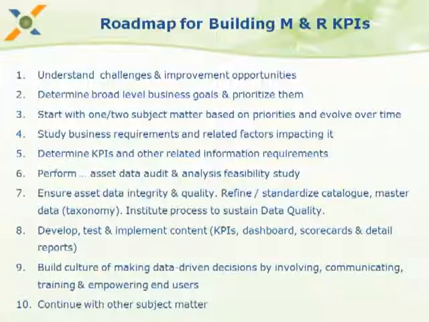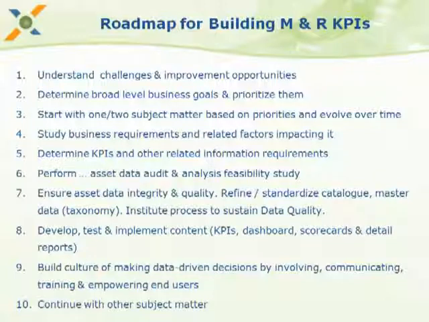We have to understand what the challenges are, what areas of improvement opportunities we have, and based on that, we have to determine broad level business goals and prioritize them. Not everything can be done at one shot. It's always advisable to prioritize some of those goals. Then start with some subject matter and evolve over time.